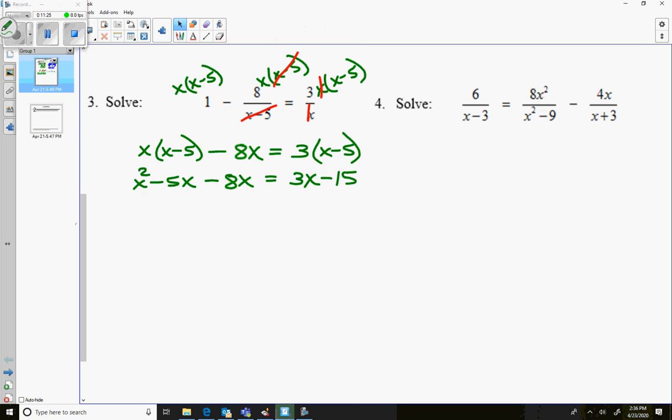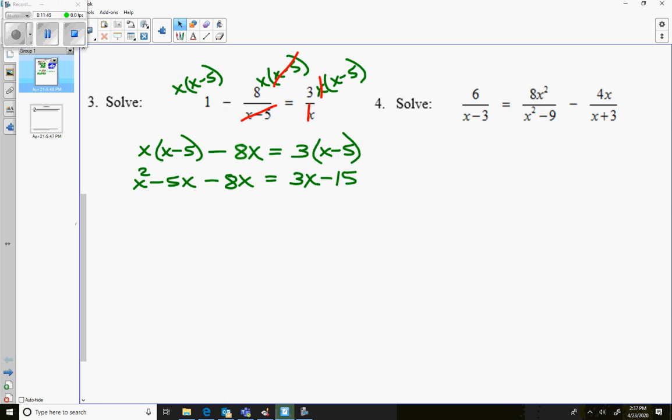And lo and behold, what kind of problem do we have here? Hint. Okay, this is a quadratic equation. It's not linear, it's quadratic. So that changes things. How do we solve a quadratic equation?